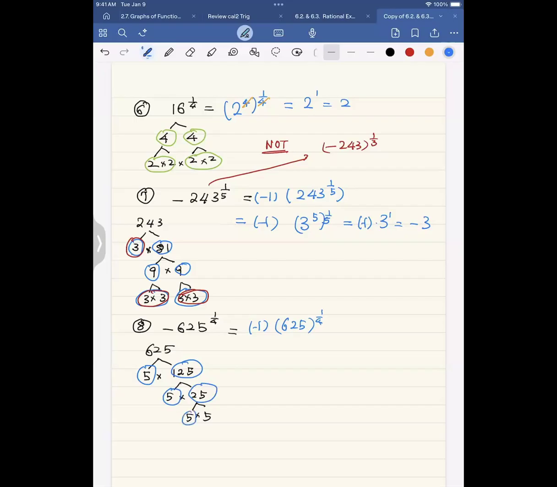And 25 is 5 times 5. So we can say that 5 times 5 times 5 times 5 make 625. So minus 1 times 5 to the 4th power to the 1/4 power. So that's minus 1 times 5 to the 1 power, which is minus 5.